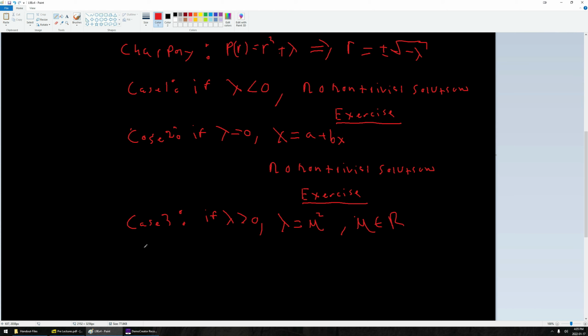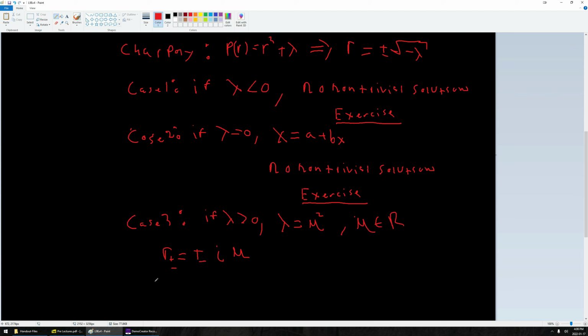So r is simply plus or minus i, the square root of negative 1, times the square root of mu squared, so simply i mu. Those are my roots. Now if I can solve for mu, then I just square it and I get lambda, right?